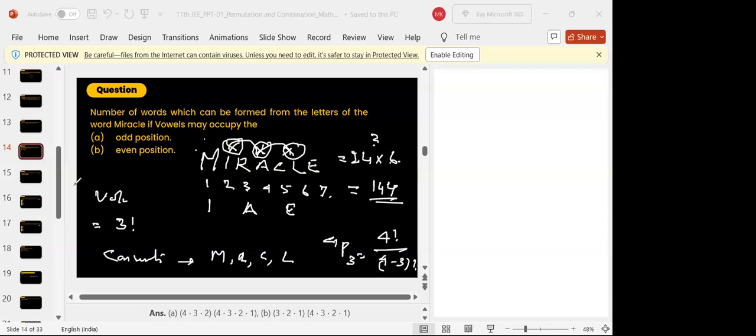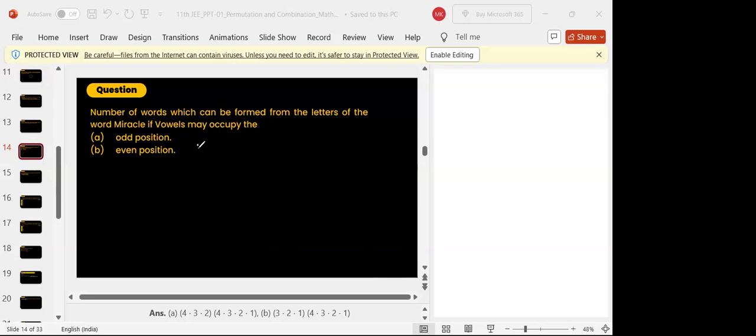The second case, let's see. Same way, let's write M, I, R, A, C, L, E. We have even positions 1, 2, 3, 4, 5, 6, 7.